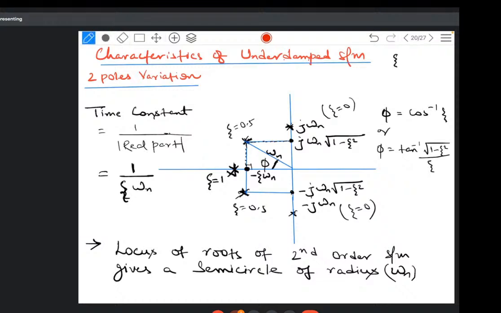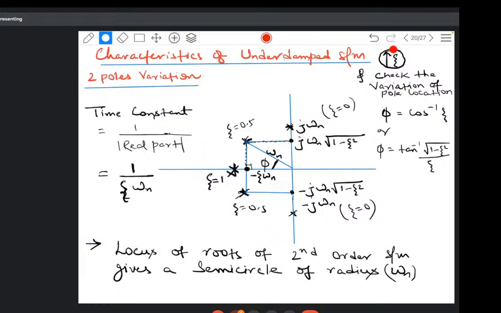What you are doing is increasing the value of zeta and checking the variation of pole location. This is what you are doing here. So you are increasing the value of zeta and checking the variation of the pole location along with that.